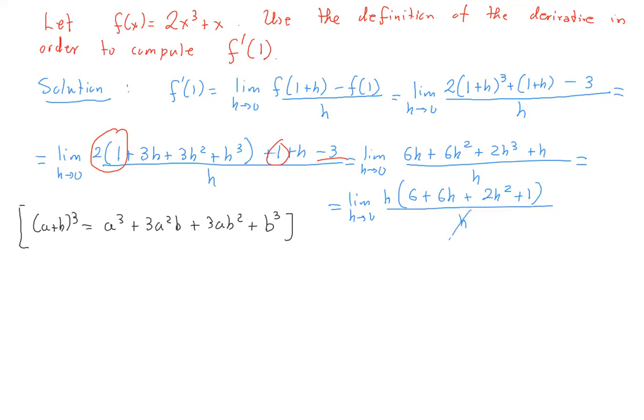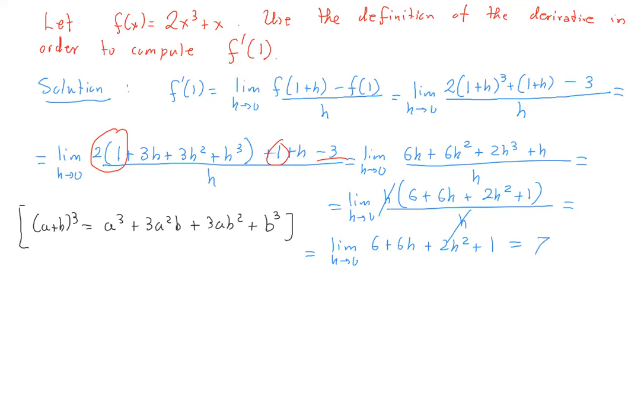And this is the upshot of the whole idea. The h's cancel each other. And now all you need to do is just plug in 0. And you see no synthetic division will be needed here. There's no denominator. You just plug in 0 and you get 6 plus 1, which is 7, and that's the derivative.